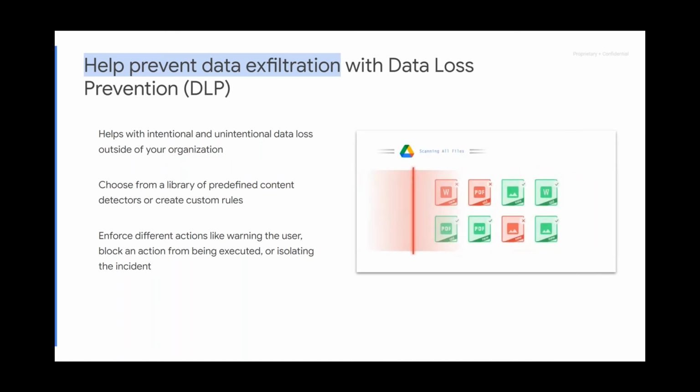If someone tried to share a file with me, it would not go out because that file has that information tagged within it. You can also warn the user, or you can execute an isolation of that user when they suddenly have no access, or block them from that action specifically being executed. So, depending upon the type of file and the data within it, you can customize your rules to have various different, almost real-time security responses to it.